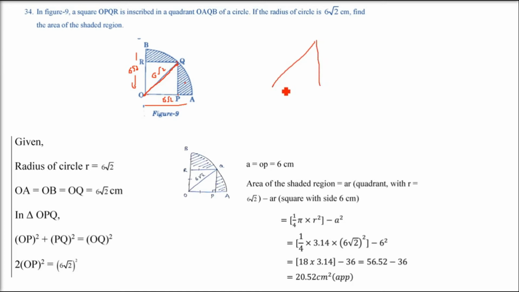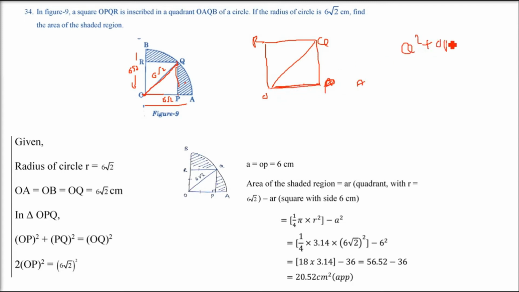OP square plus PQ square equals OQ square, because it's 90 degrees. A square has 90 degree angles. So 6√2 is the hypotenuse, base is OP, and perpendicular is PQ. You can assume it to be like this because it's a proper square. All the angles are 90 degrees and the diagonal is given to us. So if the diagonal is given to us, let us find out the side by using the Pythagoras theorem.